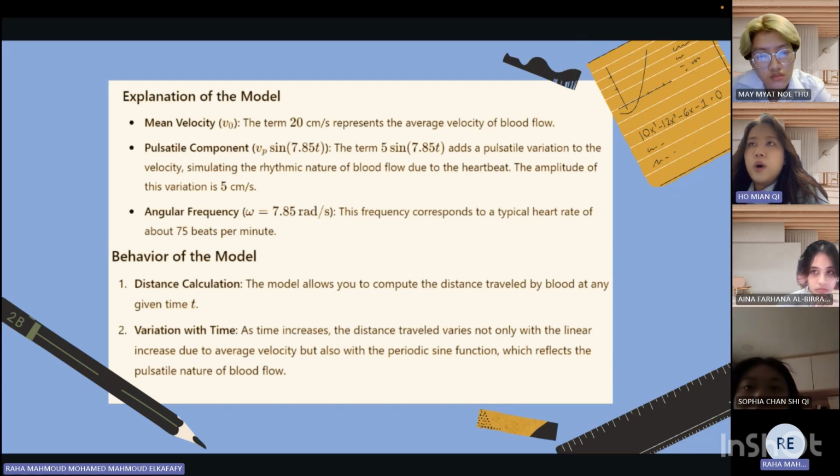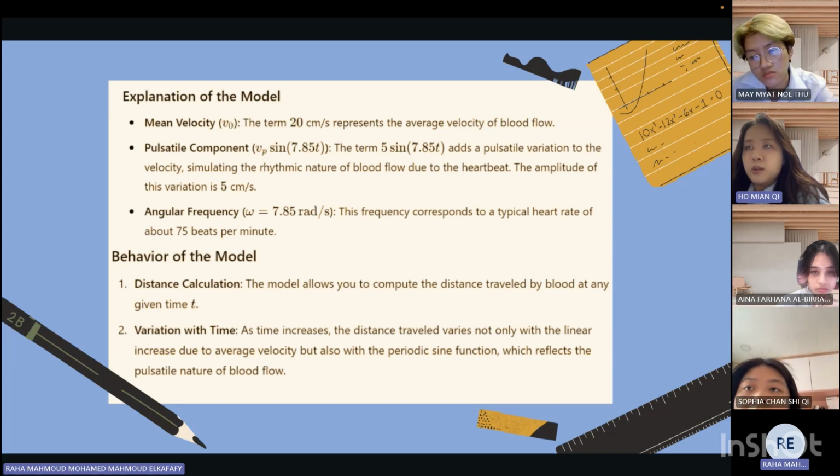And what the question asks us to do is find the velocity of the blood based on the distance model provided. In physics, velocity is defined as the rate of change of distance over time. That means we're looking for how quickly the distance traveled by the blood changes at any given moment. But now we're in mathematics class.